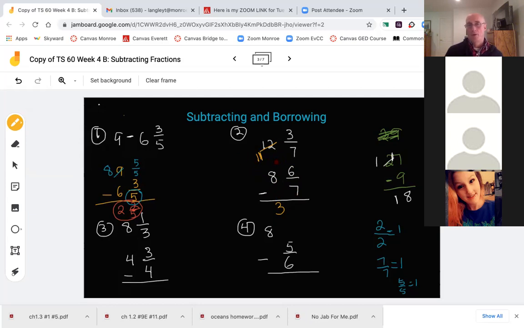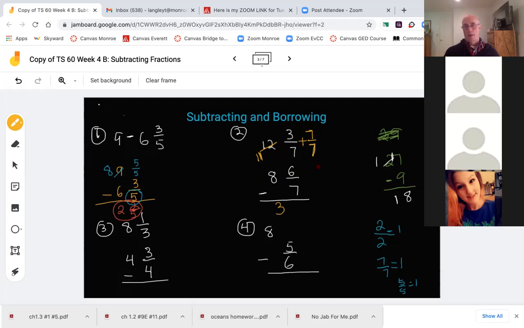I'm going to bring over a version of 1 to add to 3/7 here. The version of 1 I'm going to pick, because of this 7 right here, is 7 over 7. Give you a moment to copy that.